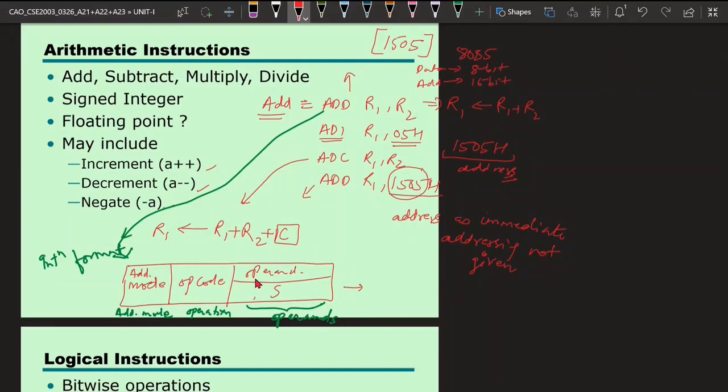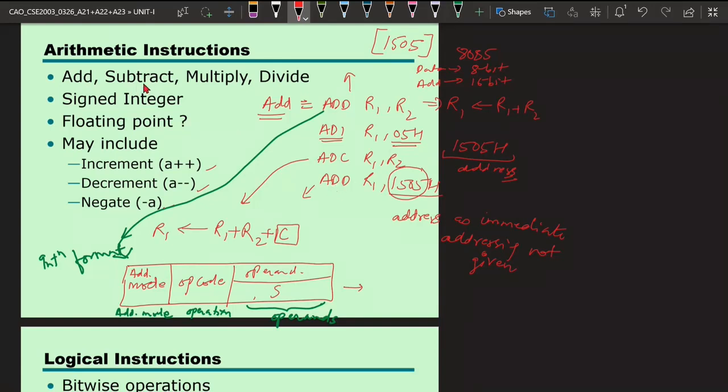So there are different types of addresses that can be used in an instruction, and based on that we have divided the instructions into different types. Each of these instructions, like add, can be represented as one address, two address, three address, or whatever. We have already seen that, and this is how we differentiate between instructions. Inside the add operation we have different types of add instructions.